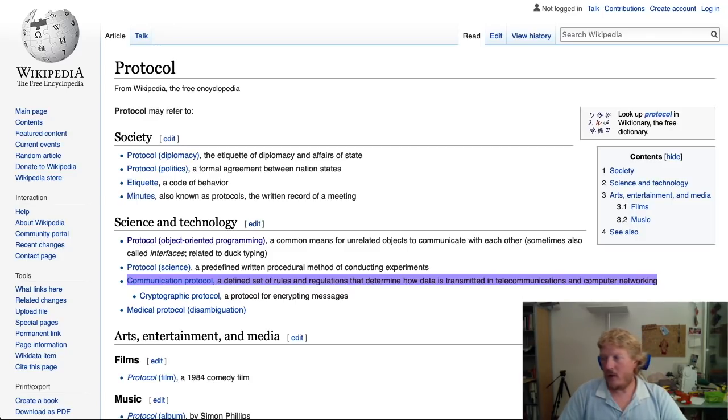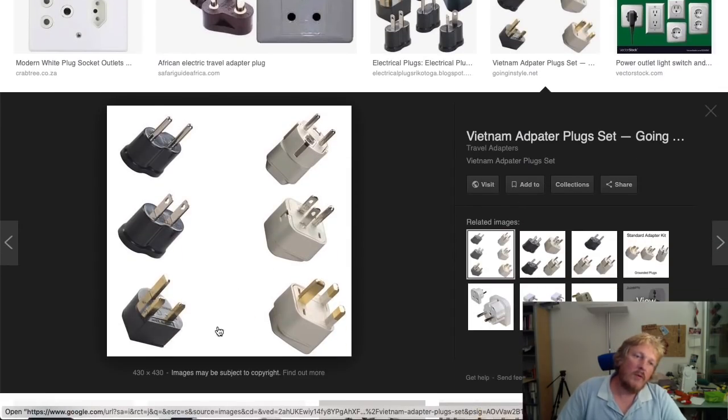Now another protocol could be the power plug. Usually you don't worry if the voltage fits the gear you plug into the power. So in the US I think you have this power plug, if I'm not wrong, and it's 110 volt.